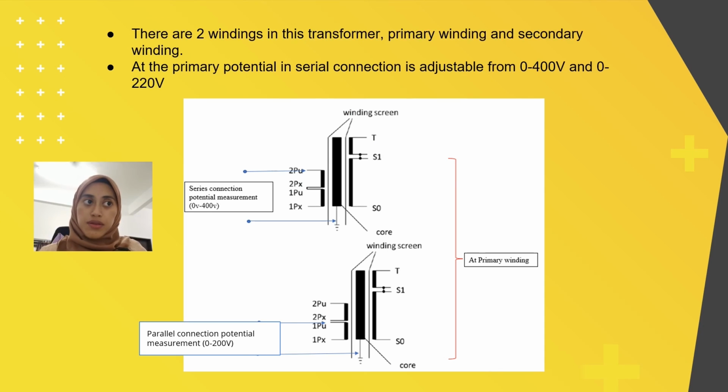Like the previous one, there are two windings in this transformer, mainly the primary winding and the secondary winding. The primary winding has the potential of series connection and potential of parallel connection, where in series connection it can be from 0 up until 400 volts, and for the parallel connection, it can be from 0 until 200 volts.